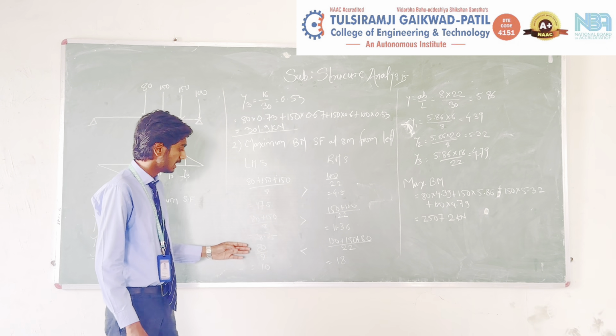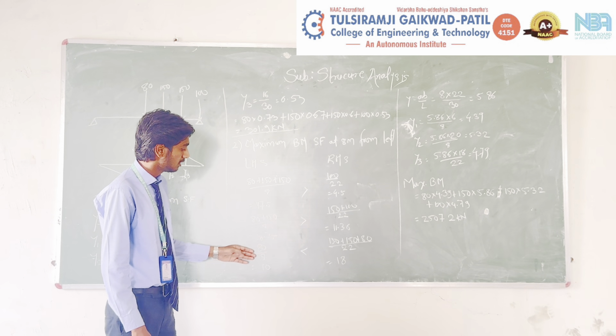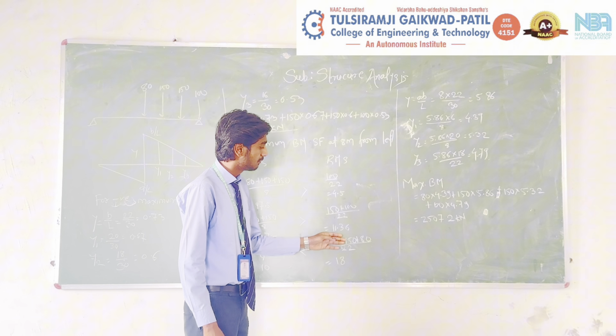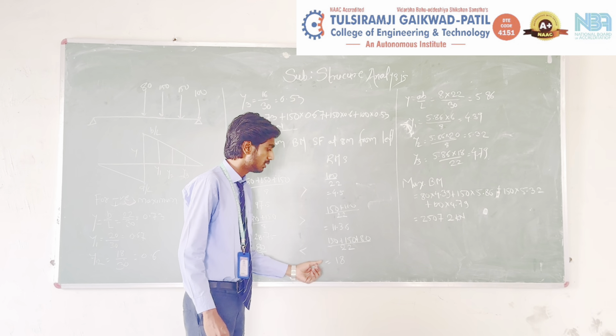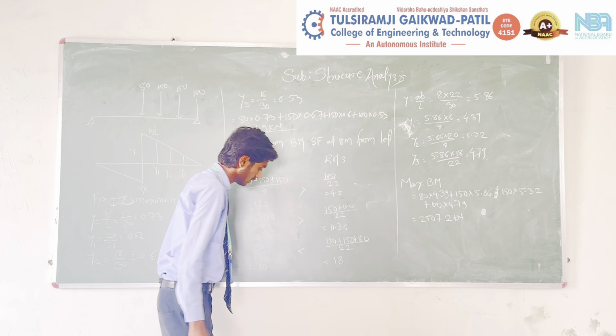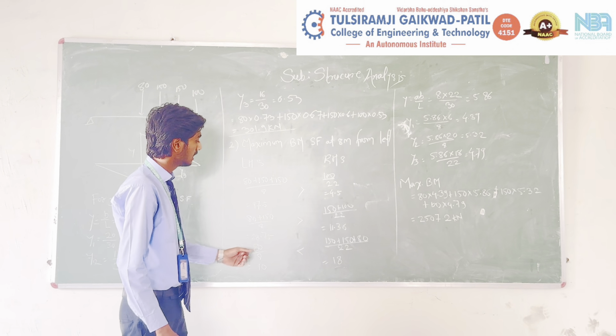Now 80 by 8 is equal to 10 and 150 plus 150 plus 80 by 22 is equal to 80. Now we see the RHS is greater than LHS.